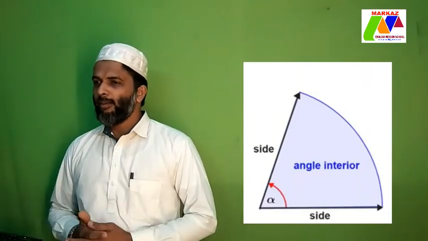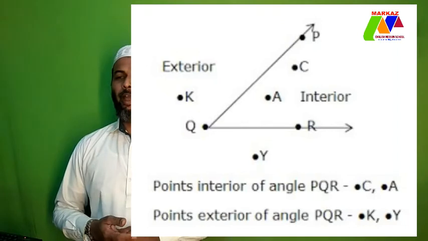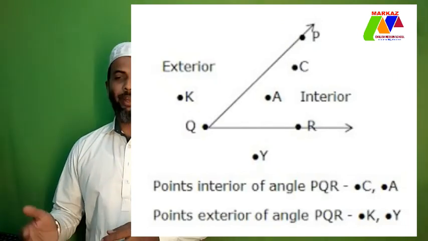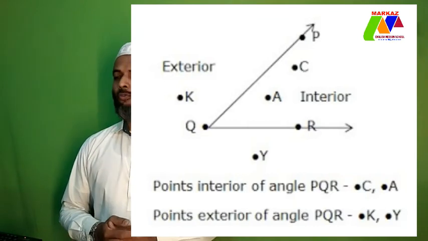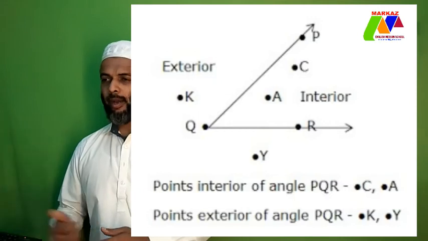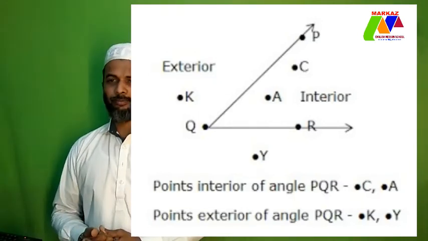Outside the angle, we call the exterior. Here, in angle PQR, points C and A are on the interior side of the angle, and points K and Y are on the exterior side of the angle.